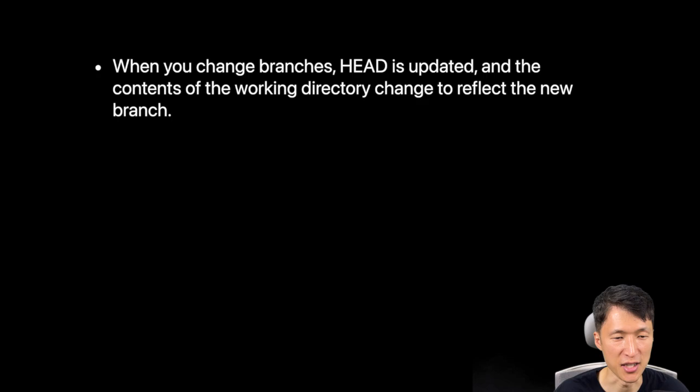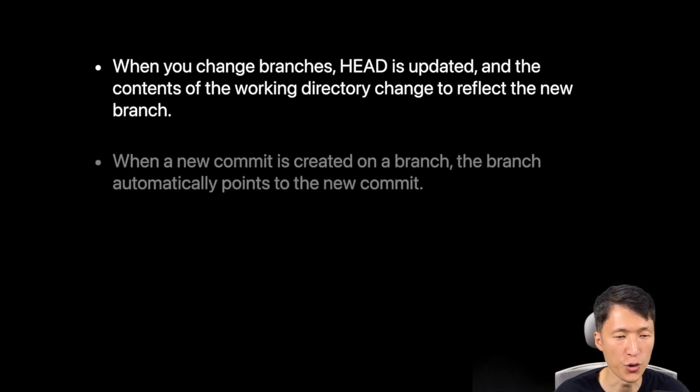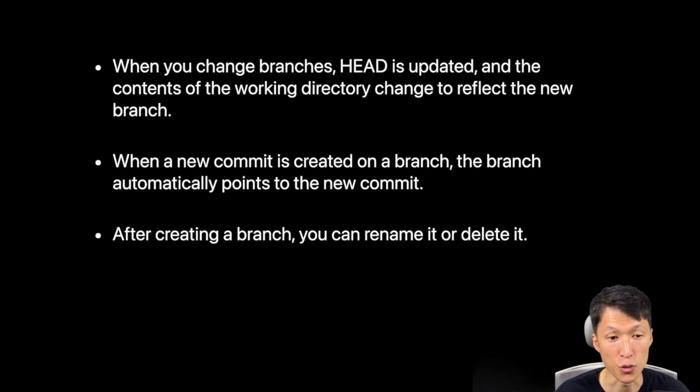When you change branches, HEAD is updated and the contents of the working directory change to reflect the new branch. When a new commit is created on a branch, the branch automatically points to the new commit. After creating a branch, you can rename it or delete it.